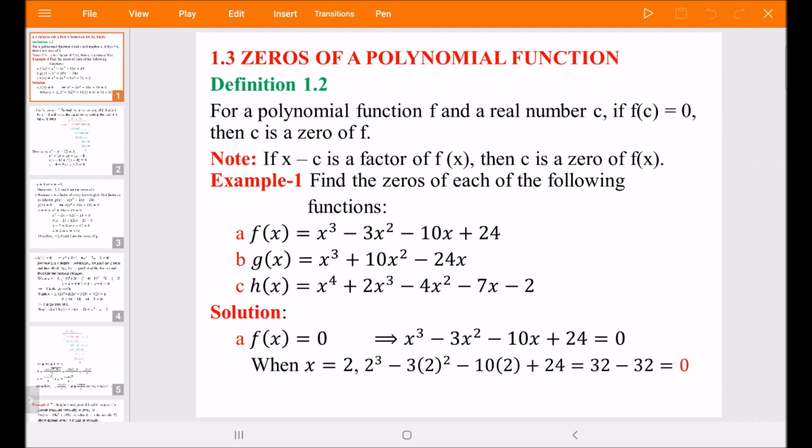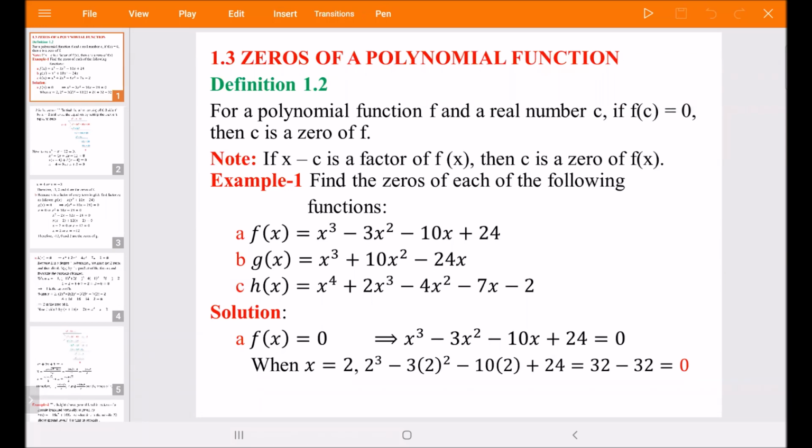So zeros of a function means simply the values of x obtained by solving the equation f of x equal to 0. So a zero of a polynomial is nothing but a real number c. If f of c is equal to 0, then c is the 0 of f.